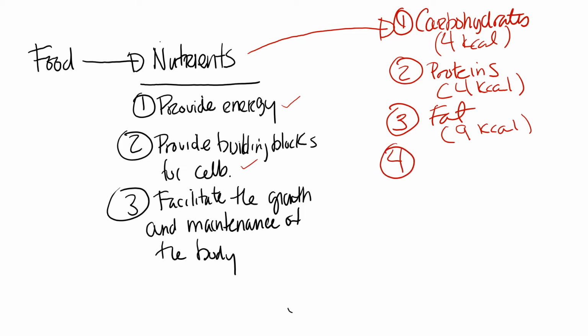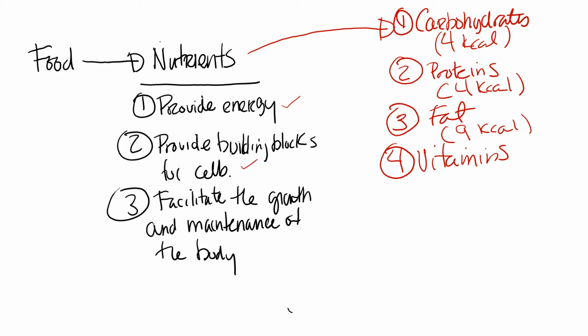The other class of nutrients I want to talk about is vitamins. Vitamins are interesting because they are required for the body to perform physiological processes. There are water-soluble and fat-soluble vitamins.